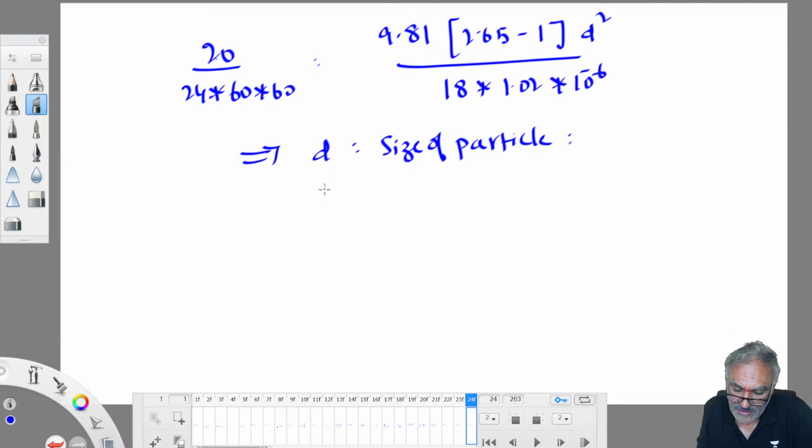So I got this 1.62 into 10 power minus 5 meters.